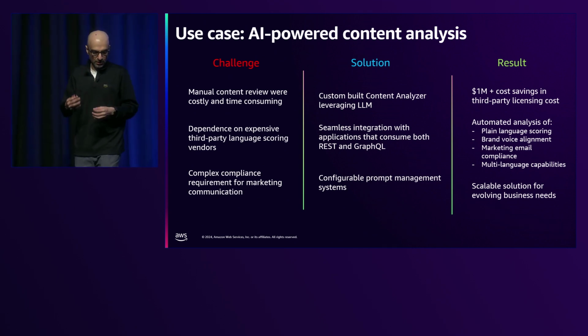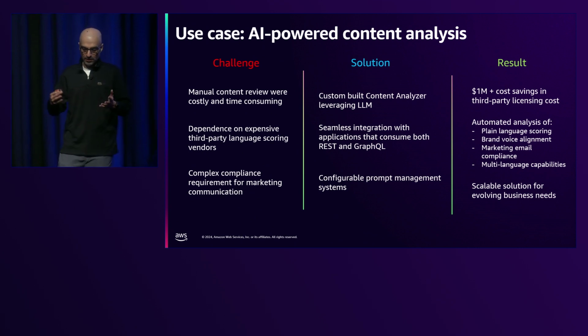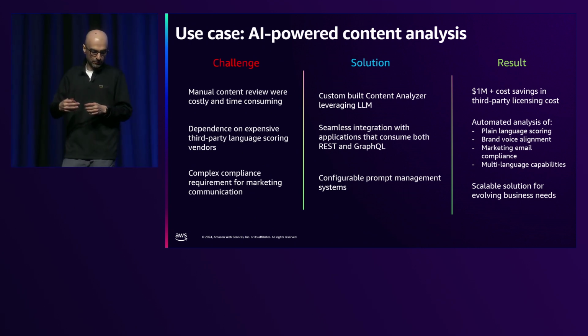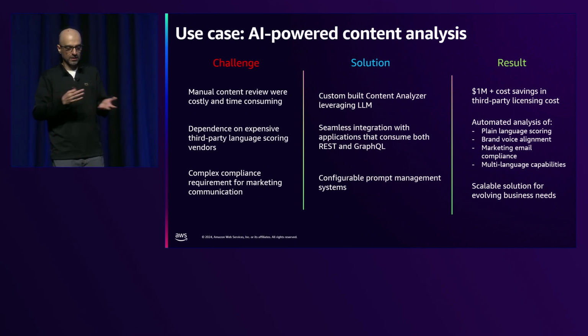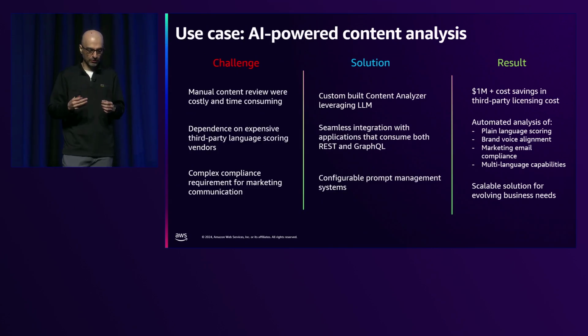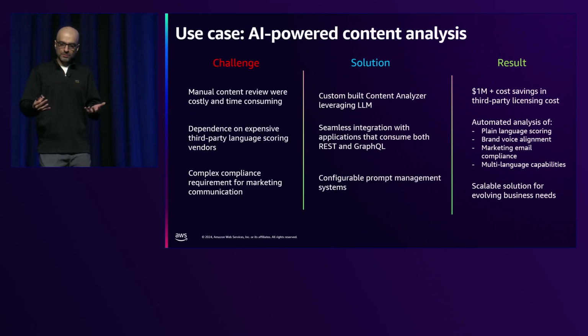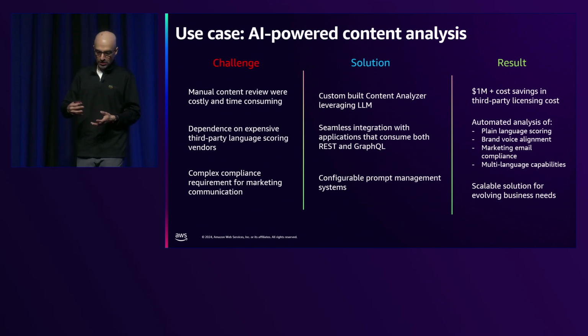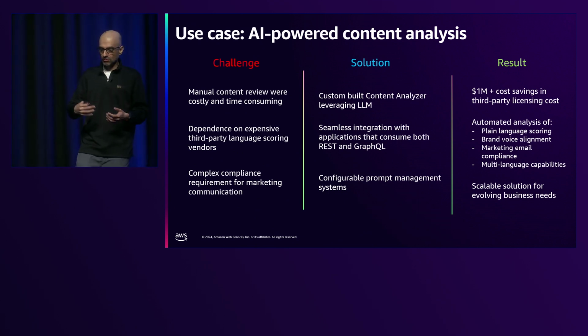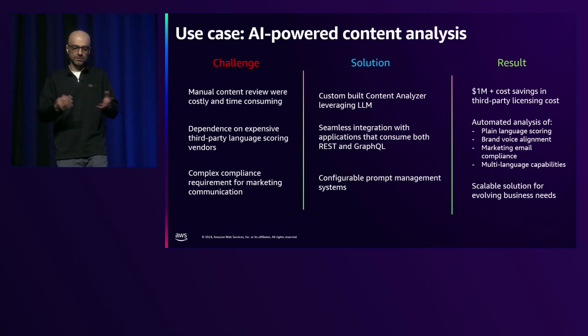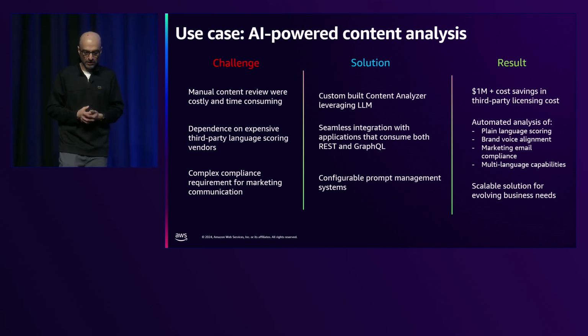So it doesn't only address the content analysis, but we're able to easily combine both REST and GraphQL together. Under the covers, there's a prompt management system, and you can augment this to a point where you can address any kind of business needs. So that's the value add.